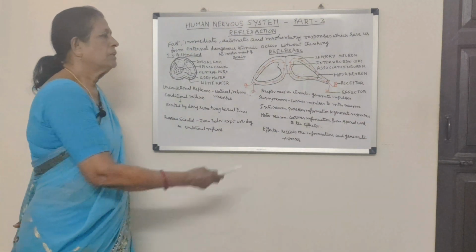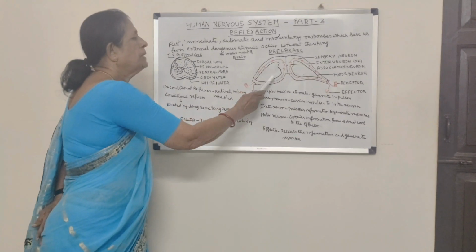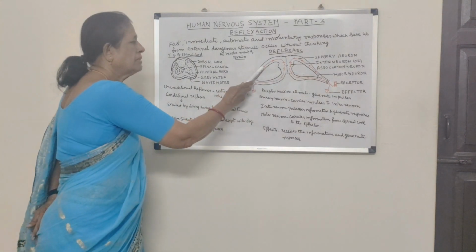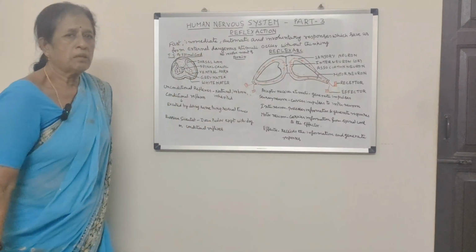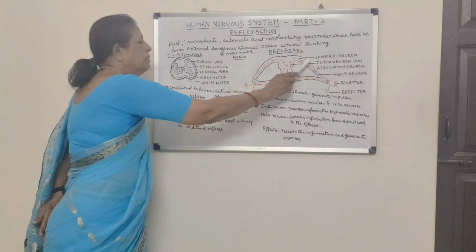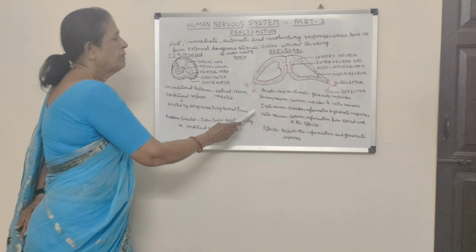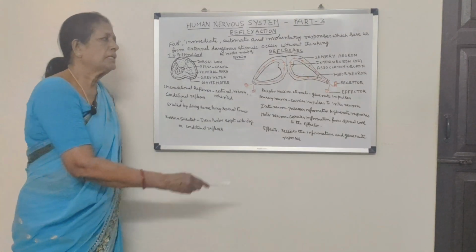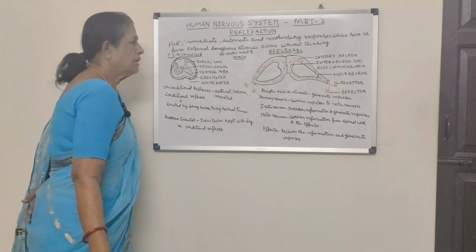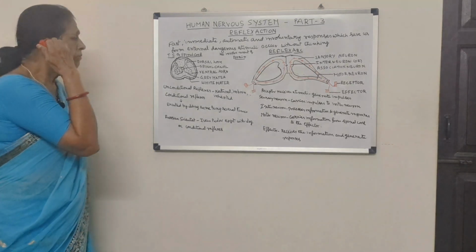All the spinal nerves are mixed nerves because they have sensory neurons and also motor neurons. So this is how the reflex action is executed. All the components put together in the execution of reflex action are called the reflex arc.